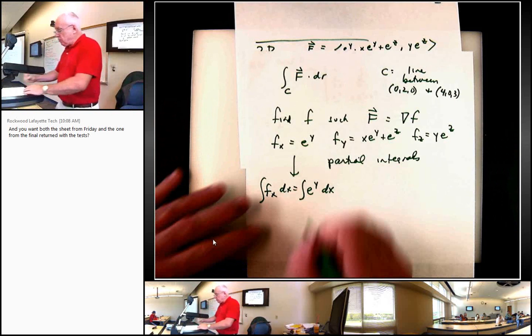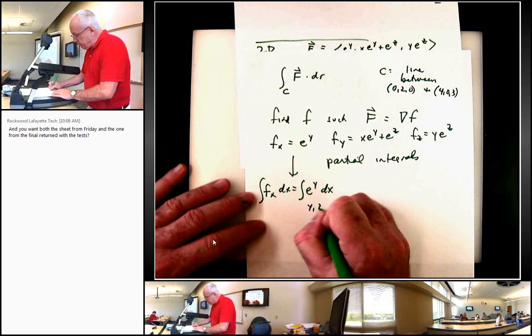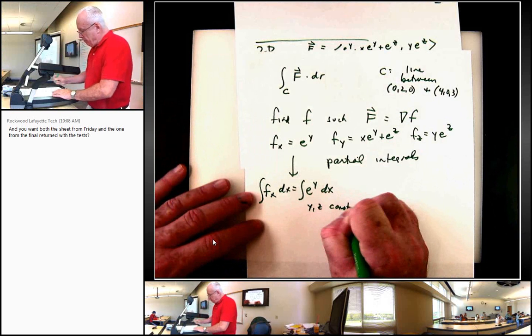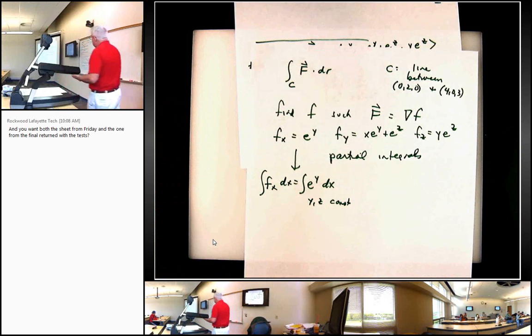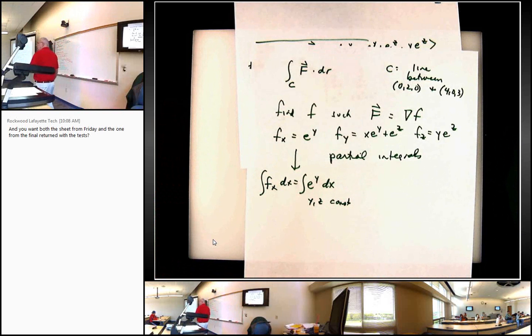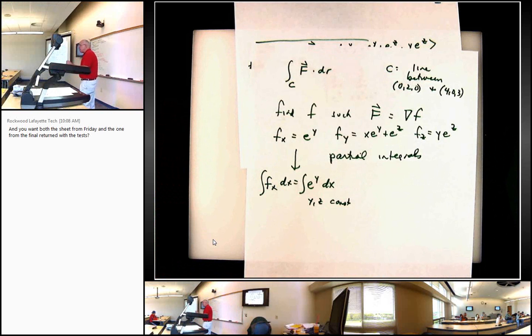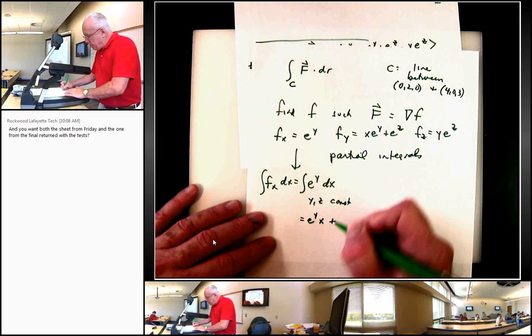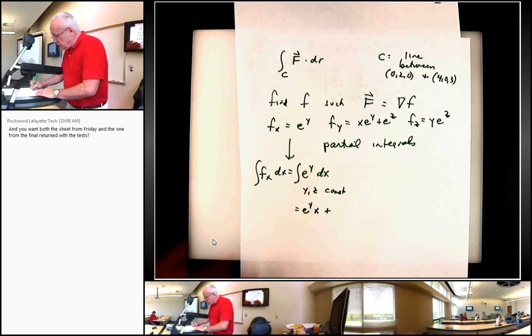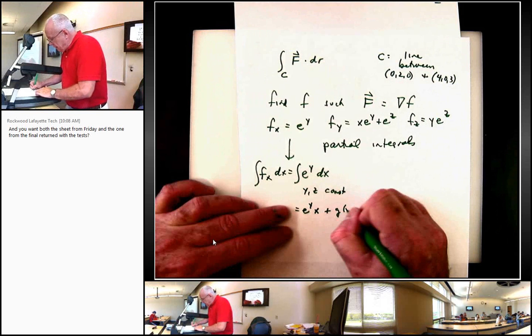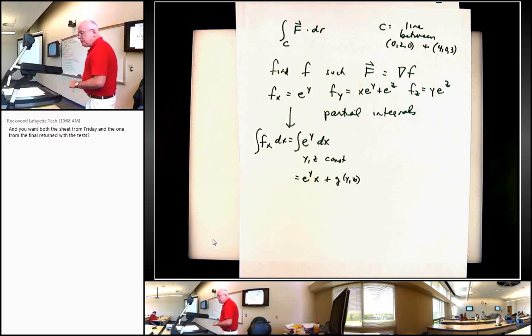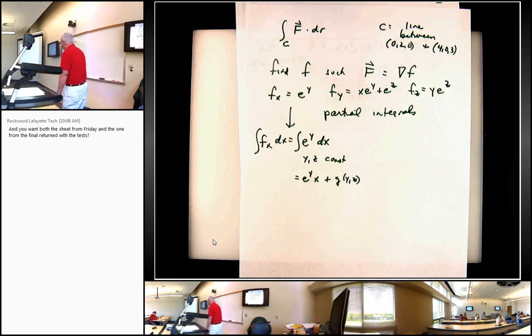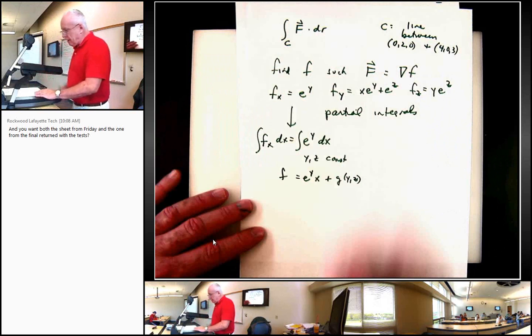And y and z are constant. So my antiderivative here is going to be e to the y times x. Y is constant. But we could have an additional function of the variables that are considered constant. A g of y, z could be hanging on to that. And this is our little f function.